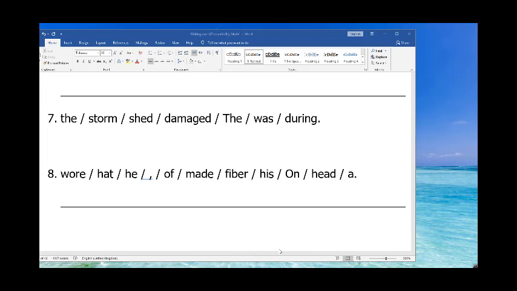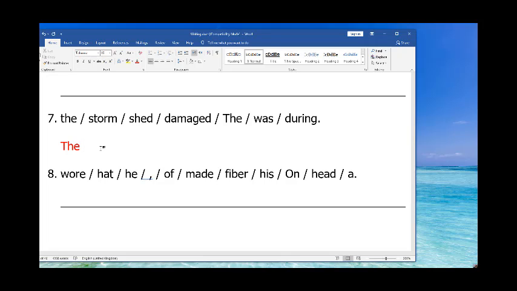Okay, let's try. What is the first word that we should start with? Yes, excellent. You have to start with the, because you already have it as a capital letter. Yes. So, the what? What is the main verb here? Damaged means destroyed, means it's not working anymore. What do you think is the thing that will not work anymore, or you cannot use it anymore?